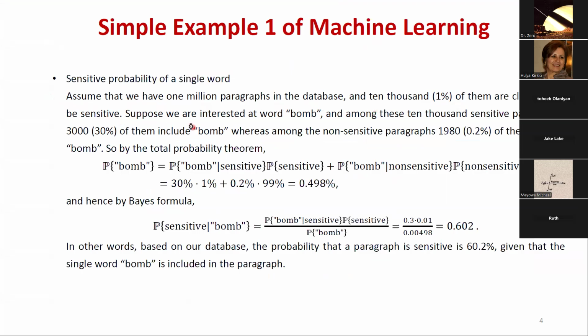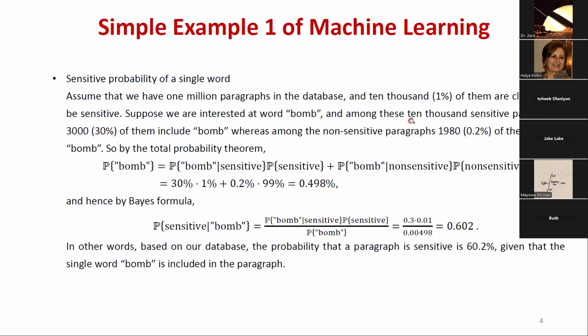Now suppose we are interested in the word bomb, and among these 10,000 sensitive paragraphs, 3,000 of them include bomb. Whereas among the non-sensitive paragraphs, 0.2% of them include the word bomb.